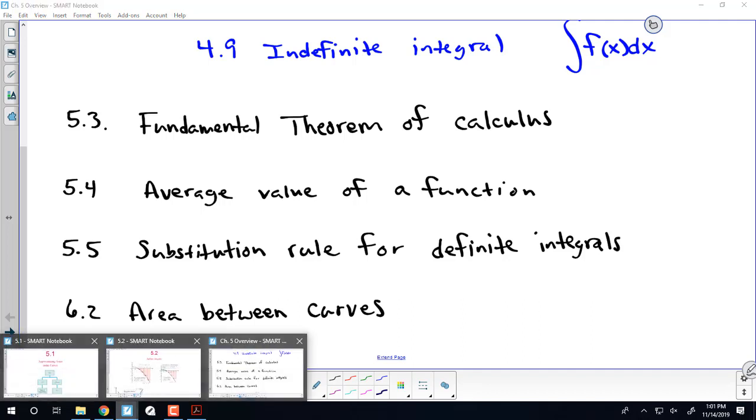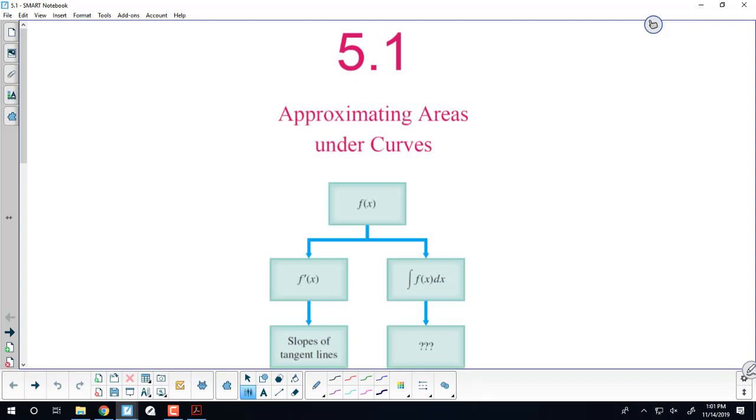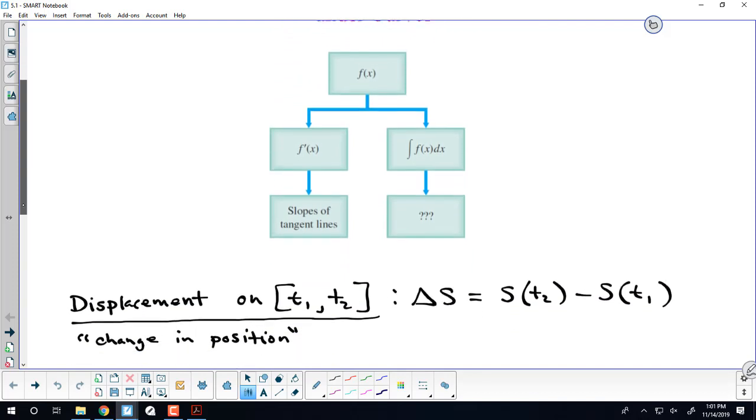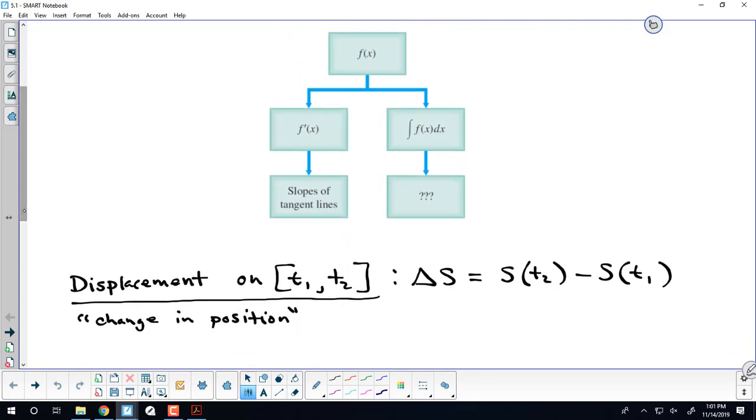So in 5.1, when we're approximating areas under the curve, we're sort of building up to section 5.3. When we look at a function, Chapter 3 told us that if we take the derivative, we get slopes of tangent lines or instantaneous rates of change. And then in 4.9, we looked at the antiderivative. We haven't yet discussed what that actually tells us.